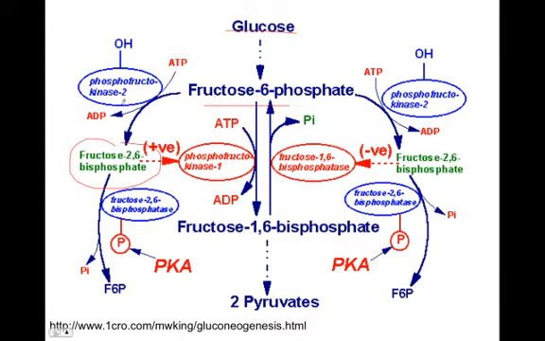This is a bifunctional enzyme, and in the dephosphorylated state, its kinase activity is active. Fructose 2,6-bisphosphate in turn stimulates phosphofructokinase 1 and increases the conversion of fructose 6-phosphate to fructose 1,6-bisphosphate.